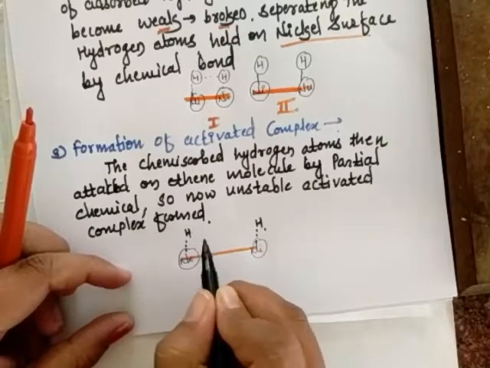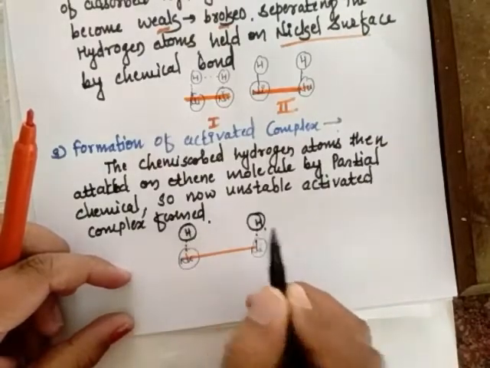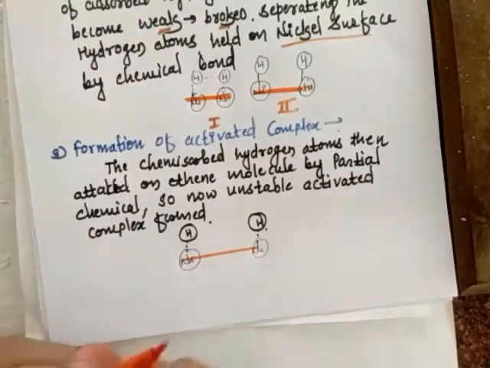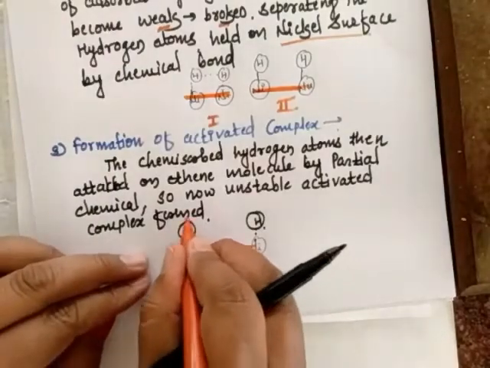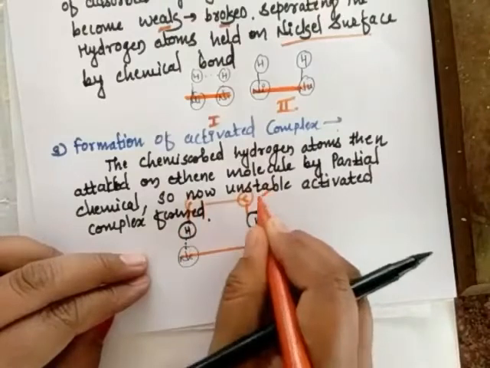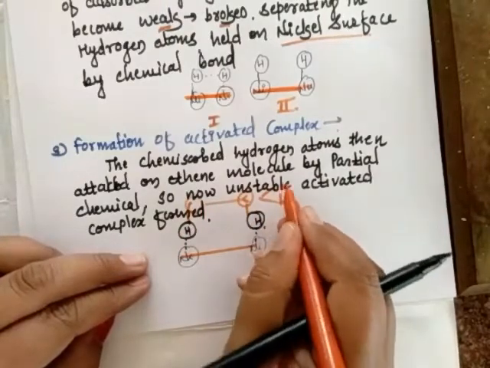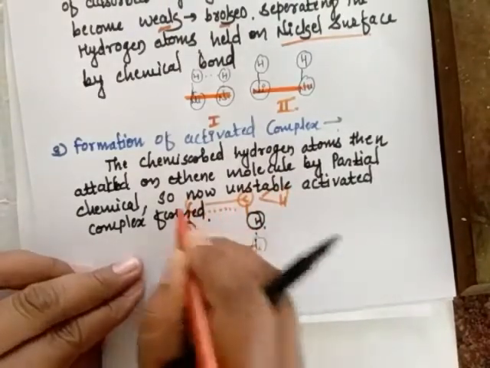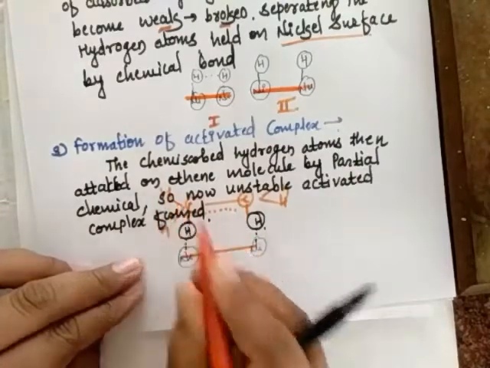This is hydrogen, isn't it? And this hydrogen atom just bonds with C. Here also, see, here hydrogen, and formation of activated complex. This is our step 3.